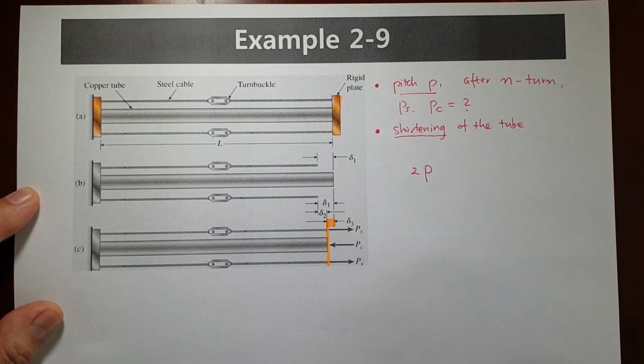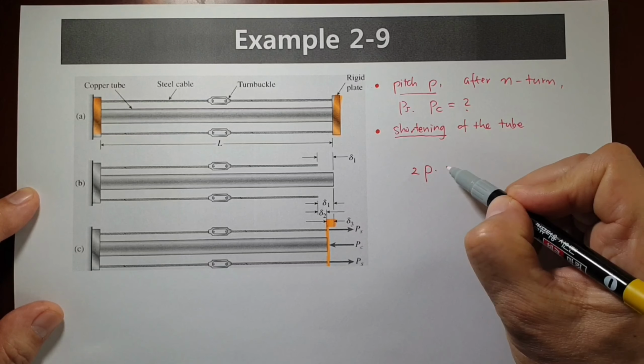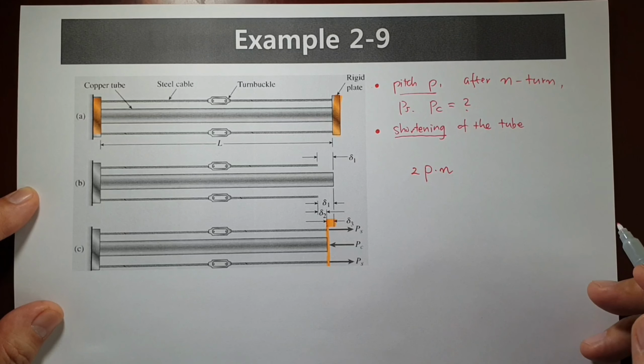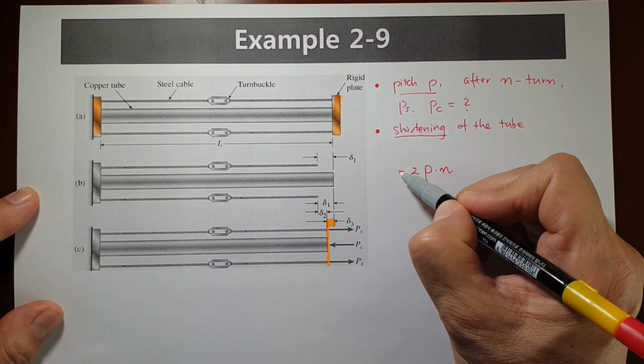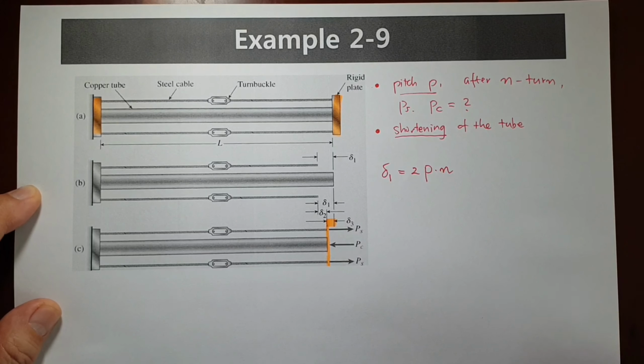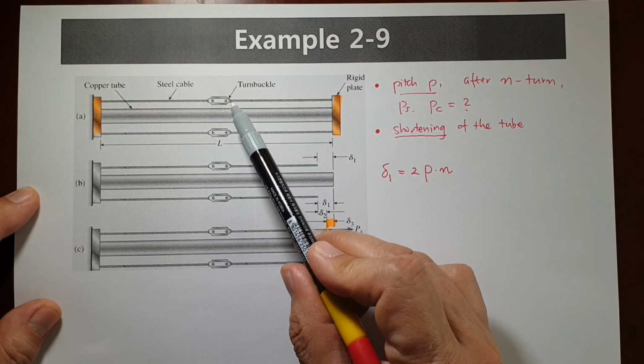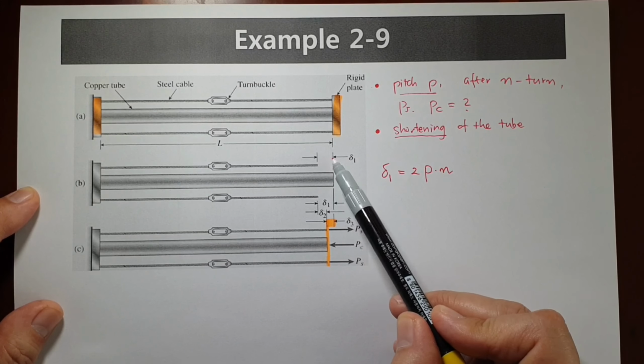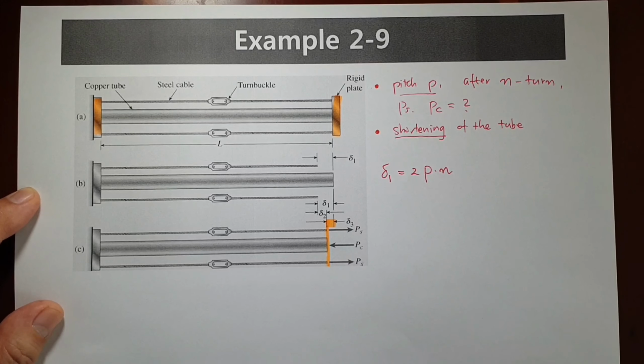One turn, the movement is 2p. If we have n turns, then 2pn amount. This 2pn amount is the change of its length, let's say delta 1. When you make n turns, at first the change of amount is delta 1. Okay, that's the first step.